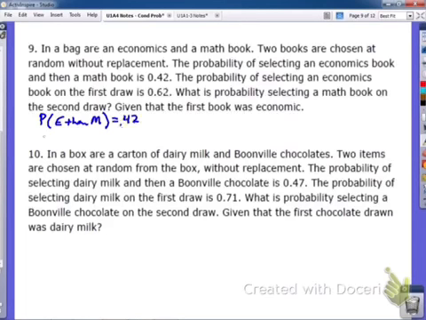The probability of selecting an economics book on the first draw is 0.62. So what's the probability of selecting math on the second draw, given that the first book was economics?